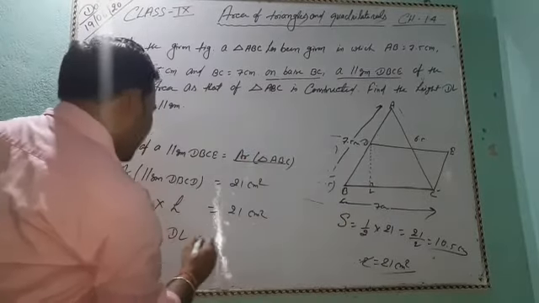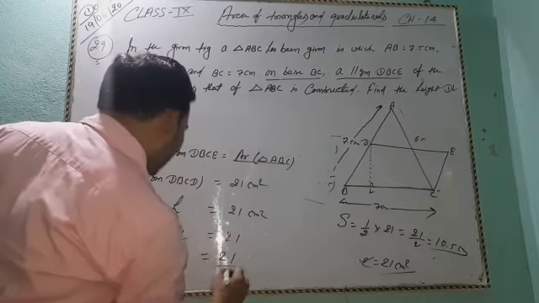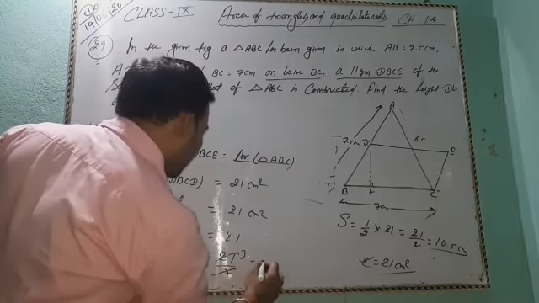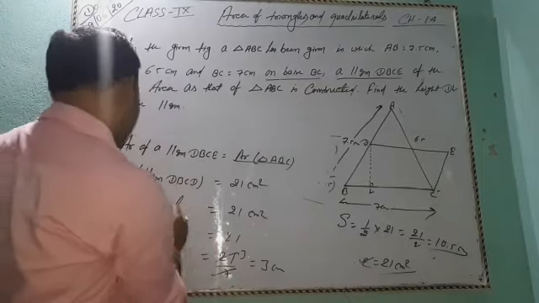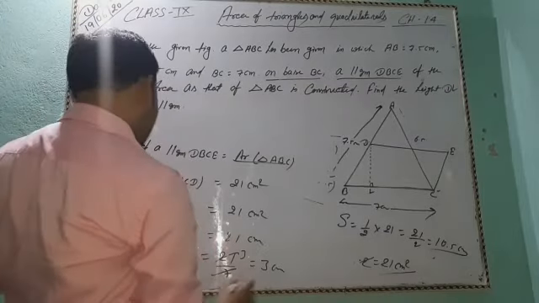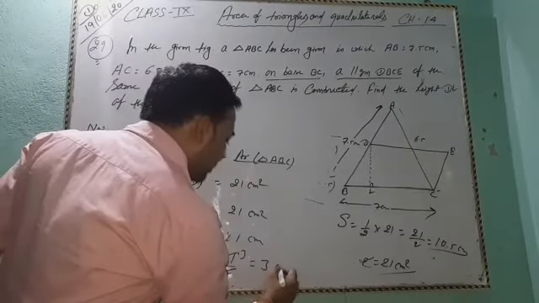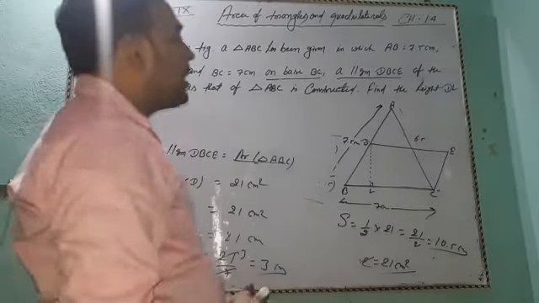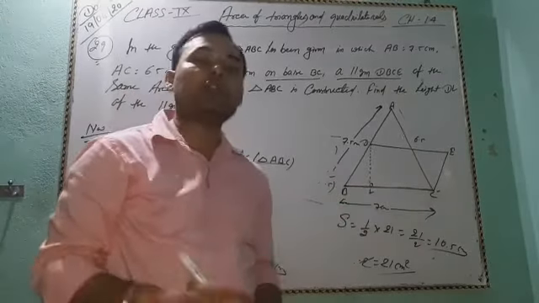So DL equal to 21 by 7, 7 3s are 21, 3 centimeter. Hence the height DL of the parallelogram DBCE equal to 3 centimeter.